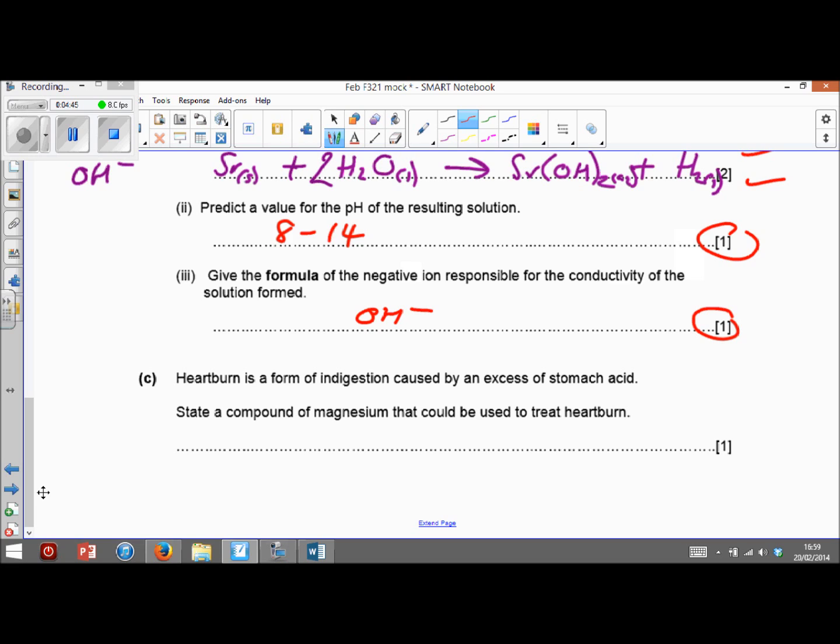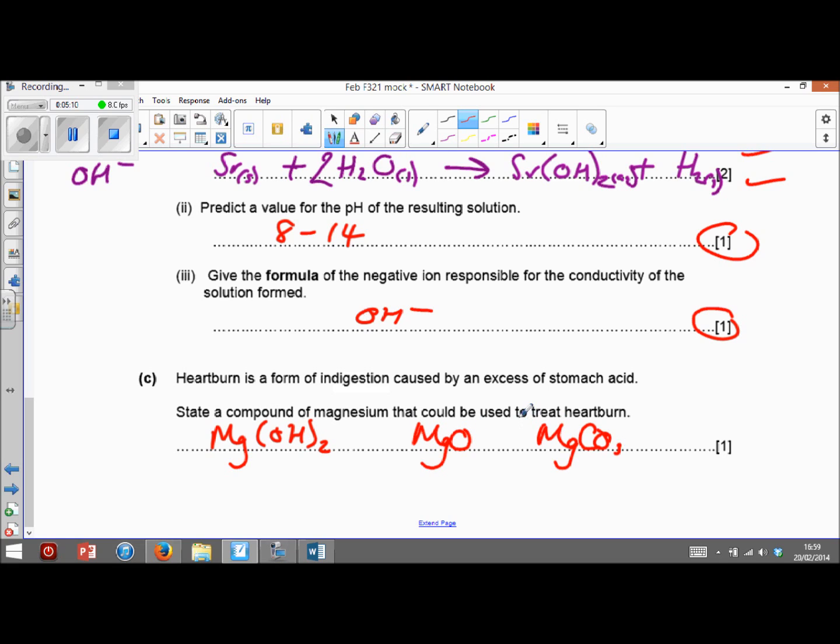Heartburn is a form of indigestion caused by an excess of stomach acid. State a compound of magnesium that can be used to treat heartburn. So you can have magnesium hydroxide for this. A lot of you got it right, but didn't put the right formula. If you're not sure of the formula, write the name. Okay, magnesium hydroxide, magnesium oxide, or magnesium carbonate.